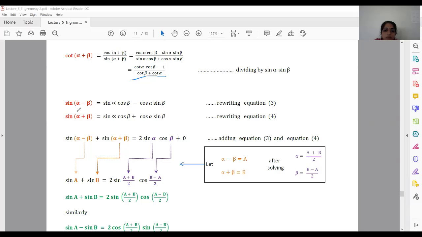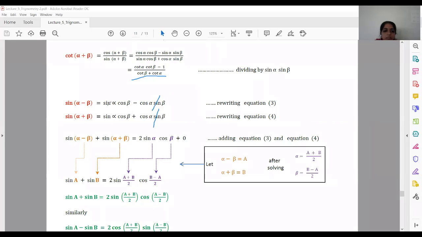Now we take our equations 3 and 4, that is sin alpha minus beta is sin alpha cos beta minus cos alpha sin beta, and the fourth equation, sin alpha plus beta, is sin alpha cos beta plus cos alpha sin beta. If we add these two equations, then sin alpha minus beta plus sin alpha plus beta is equal to, by adding, the cos alpha sin beta terms will be cancelled.